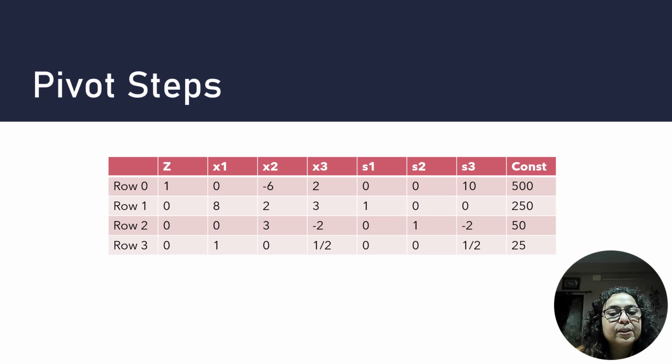So we have converted this to 0 and this to 0 and we have one more row left, that is row 1. So we have to make this 8 equal to 0, right? How do we do that?